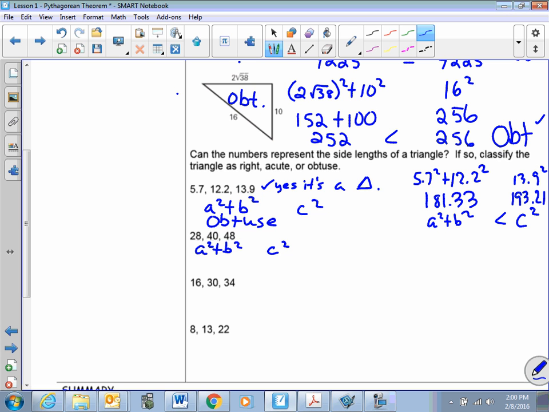So 28 squared plus 40 squared, and then c squared is going to be 48 squared. If I add these two, I get 2384, and c squared is 2304. So a squared plus b squared is greater than c squared, which means I have an acute triangle. Acute triangle for this one.